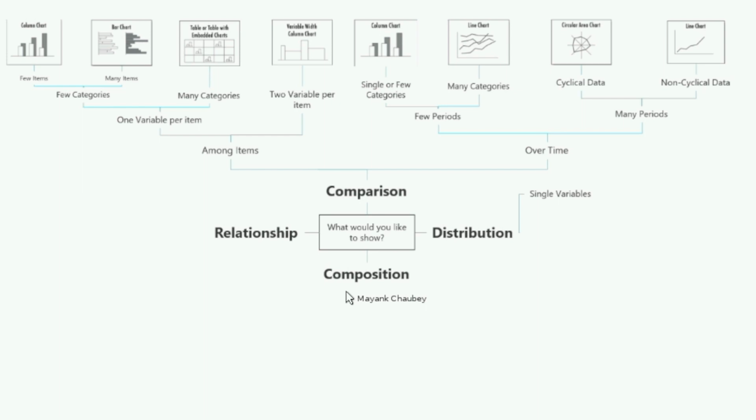So inside distribution, similar things: single variable, double variable, three variables. For a single variable, there are few data points and many data points. For few data points, we use column histogram, and for many data points, we use line and histograms.